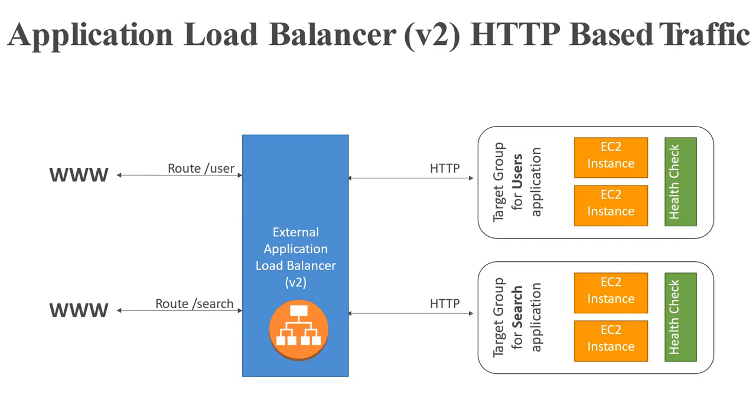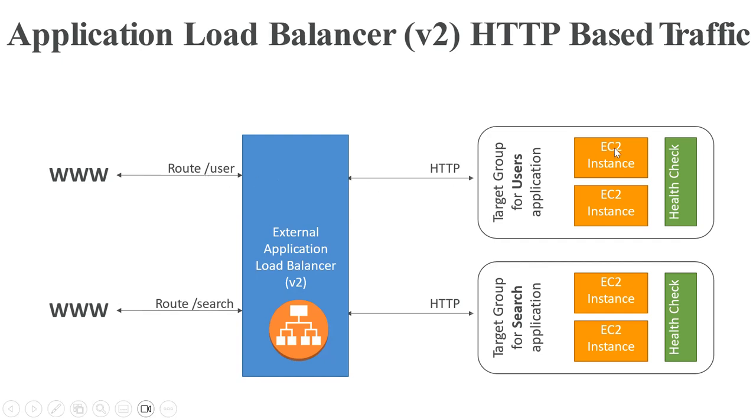So here we can use the application load balancer. Protocol HTTP or HTTPS. Port, yes, on the EC2 instance, suppose 8080 or 7001, and not only the port but path based routing also. Three considerations: protocol, port, and path. Path is slash user.